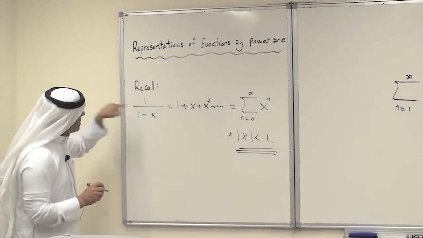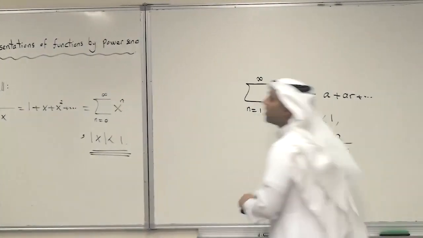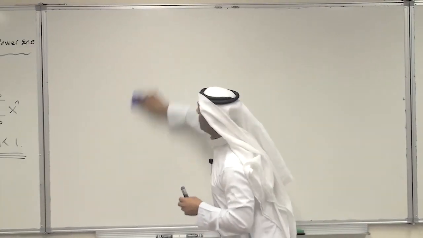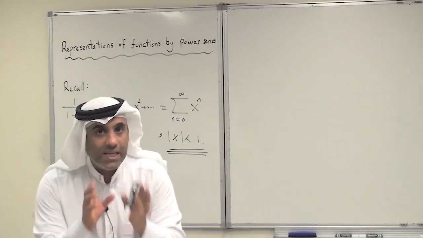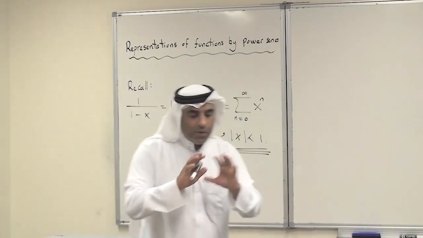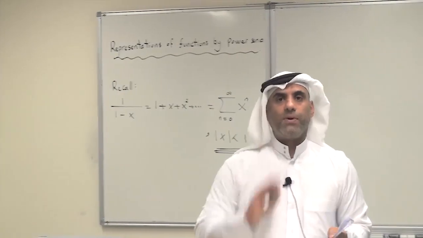We will use this specific identity, or this specific representation of 1 over 1 minus x as a power series, to express different types of functions that have a relationship with this in terms of power series. So today we will just express some functions in terms of power series.